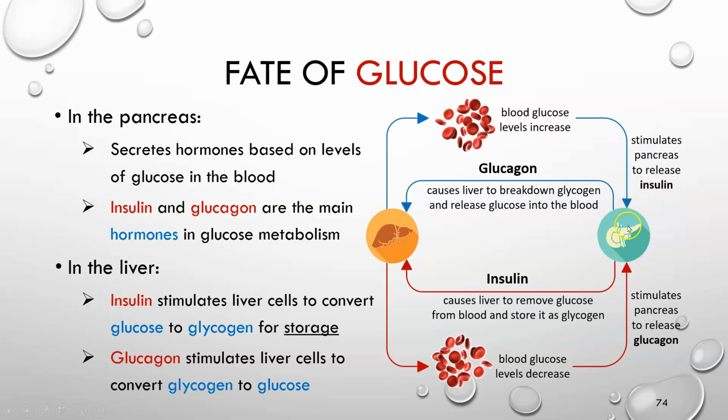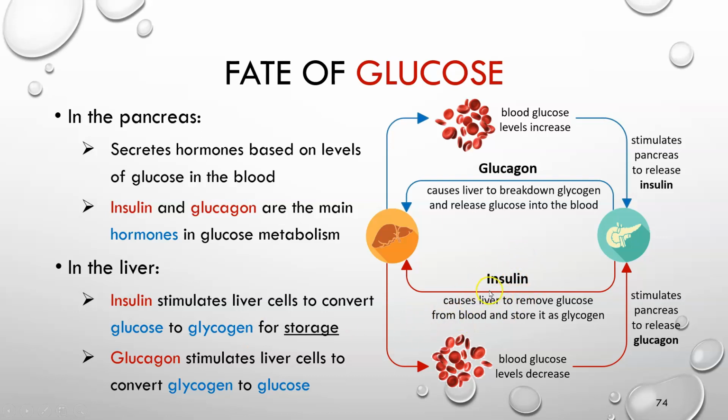Okay, so what happens is that the insulin will then cause the liver to remove glucose from the blood and store it as glycogen. Okay, so what is happening is that there's this balancing act. Okay, as with all good things, sometimes too much of a good thing is a bad thing.